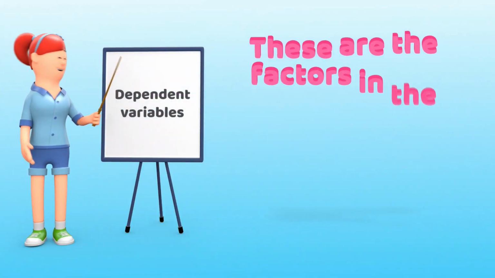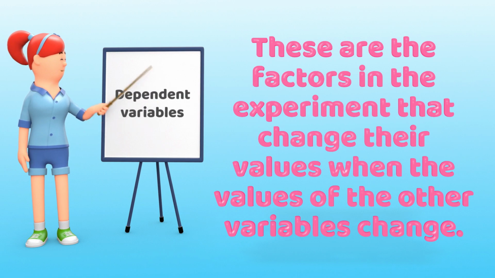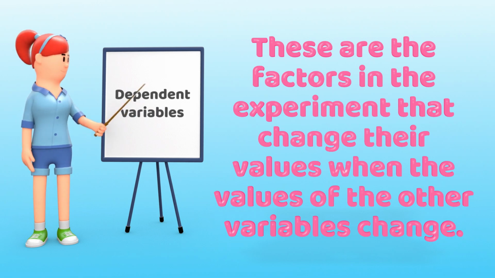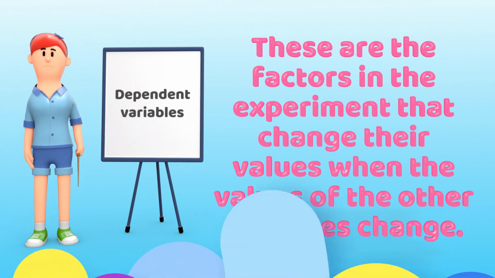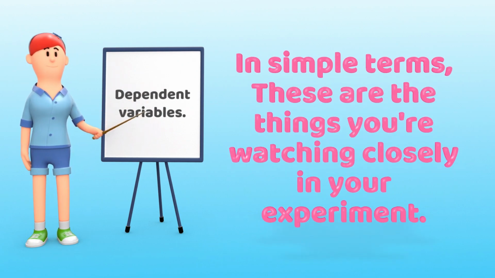So, what are dependent variables? These are the factors in the experiment that change their values when the values of the other variables change. In simple terms, these are the things you're watching closely in your experiment.